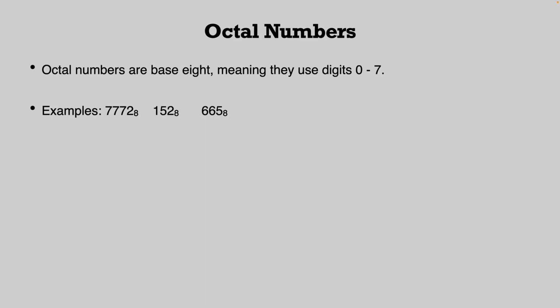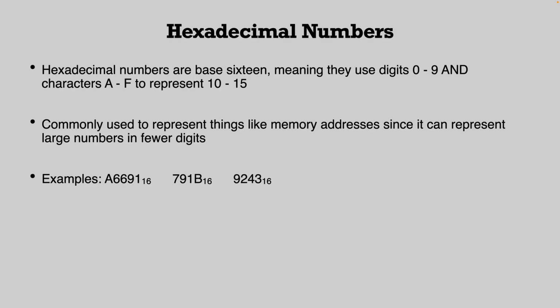So now we have octal numbers, which are base 8, meaning that they use digits 0 through 7, so 8 values in total. So lastly, we have hexadecimal numbers, which are base 16, meaning that they use digits 0 through 9, and they use characters A through F to represent 10 through 15. Because if you try to use 10 through 15, it'd be unsure whether, if you had a 15, that's actually 15 or 1, 5.